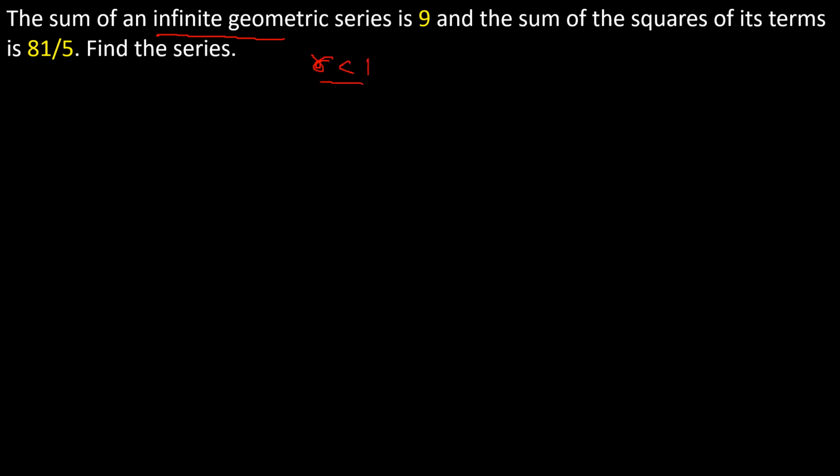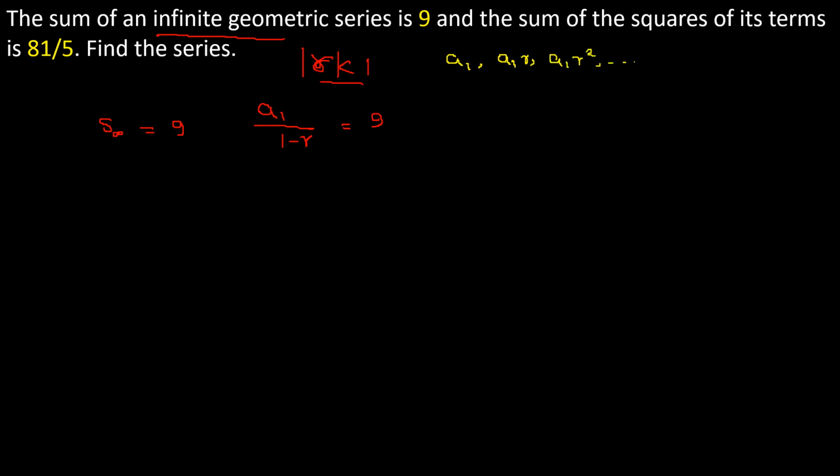So r may be negative, so the absolute value of r will be less than 1. So it says that S infinity is 9 given, and by formula that will be equal to a1 over 1 minus r, which will make it 9. Okay, the next thing is that we have a geometric series whose first term was a1, the common ratio was r we have taken, right?